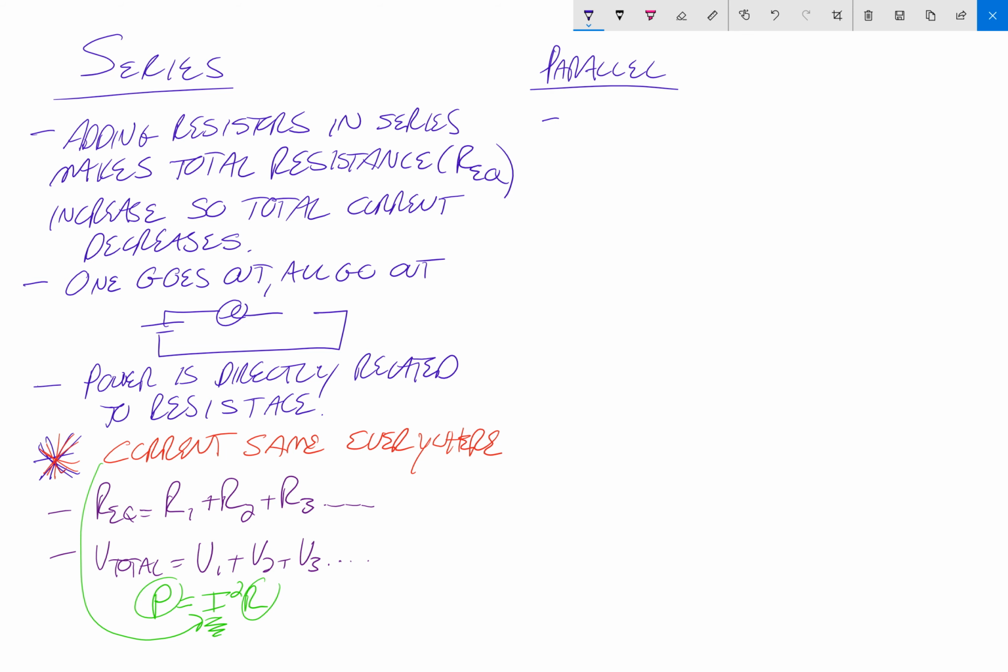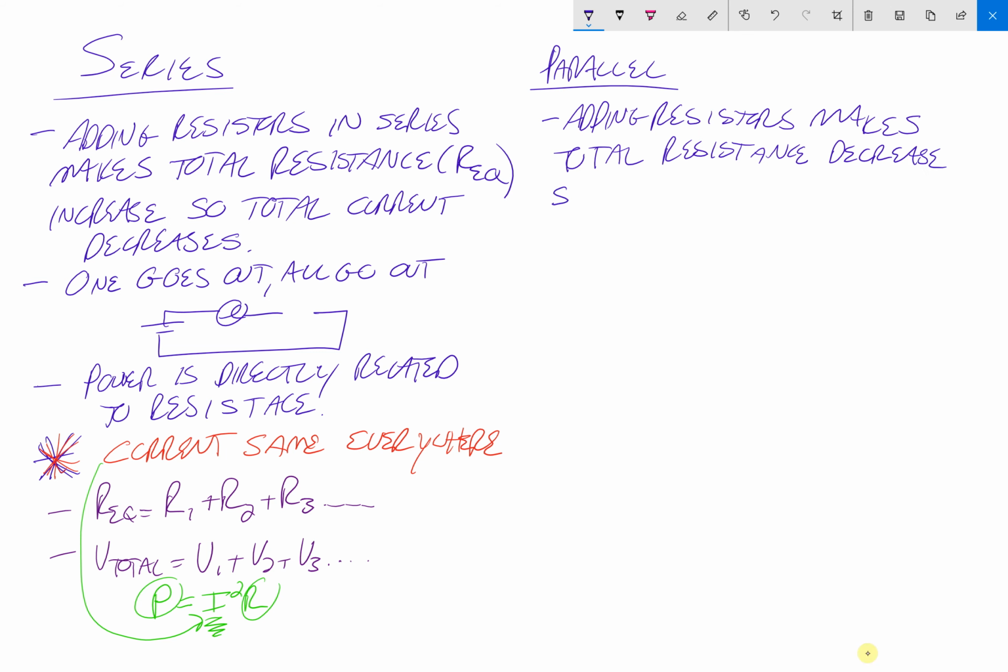So for this one, adding resistors makes the total resistance decrease, and therefore the total current will increase. Total current increases.